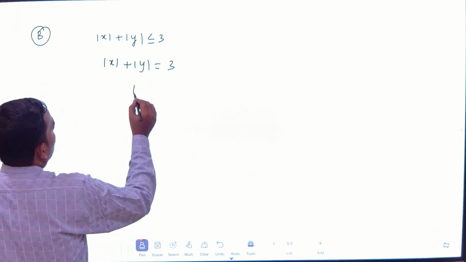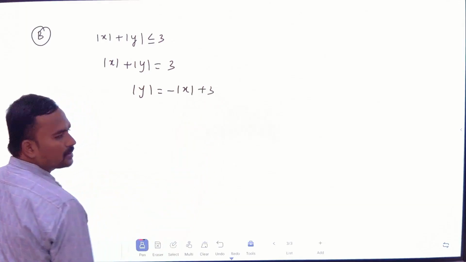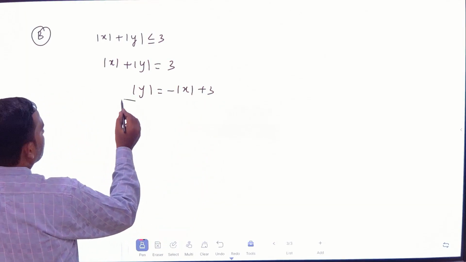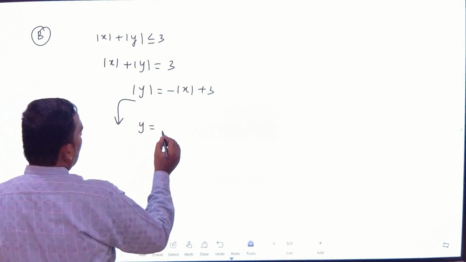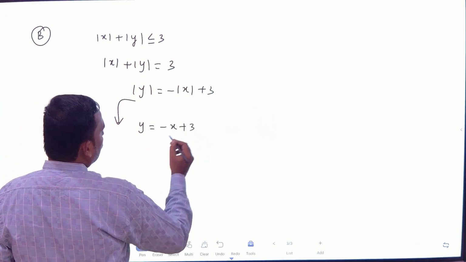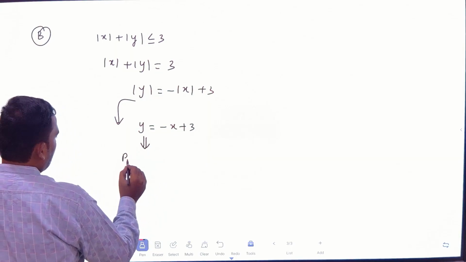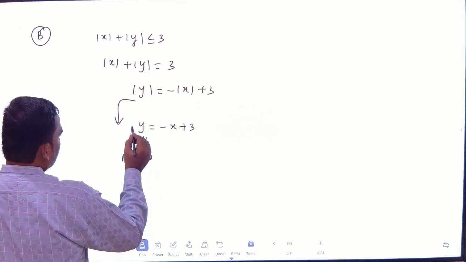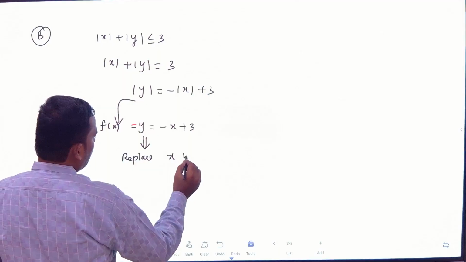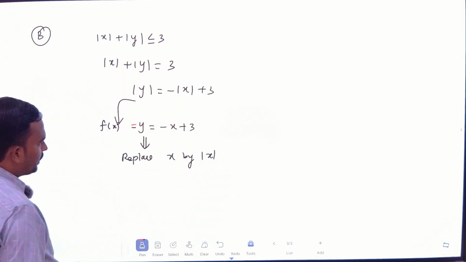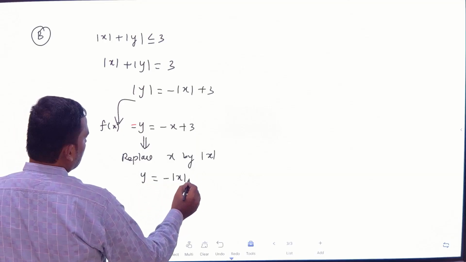From this we can write mod y is equal to minus mod x plus 3. For that, what can we do with a reference graph? First draw y is equal to minus x plus 3. Then second, this is your f of x; replace x by mod x, and you get y is equal to minus mod x plus 3.